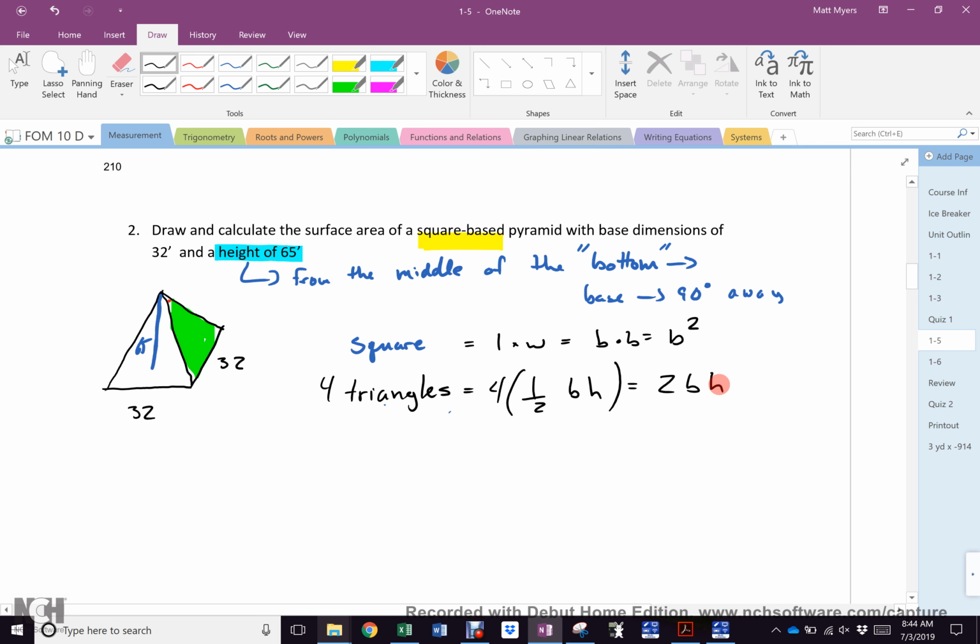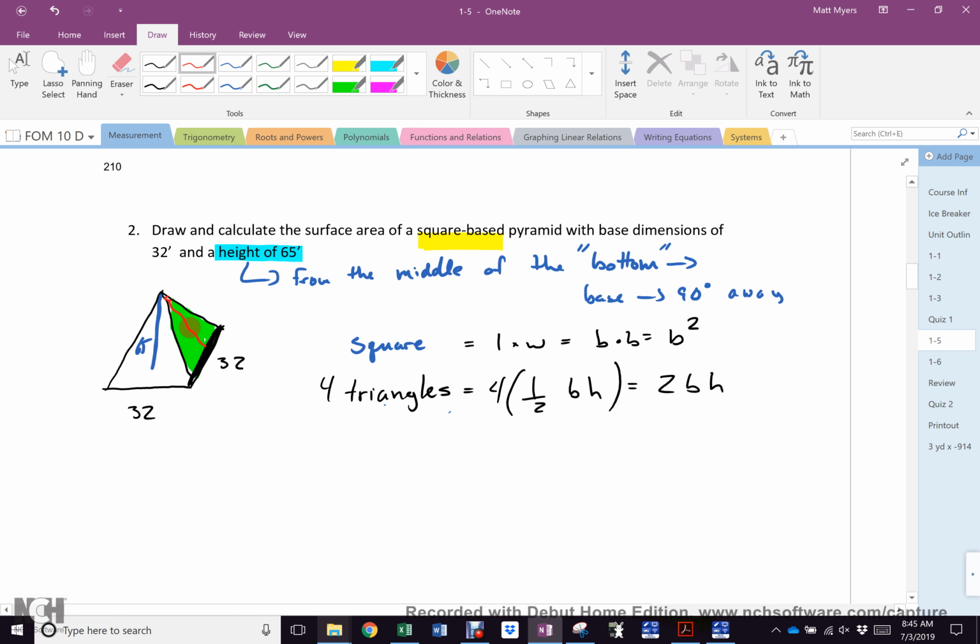But now we're in trouble, aren't we? Because we've used the word height here and we've used the word height here. Is this 65 part of this green triangle for height? No, it's not. Because this green triangle has 32 here. Where would you find the height of the green triangle? Is that up the middle or is that up the side? Where the red line was.